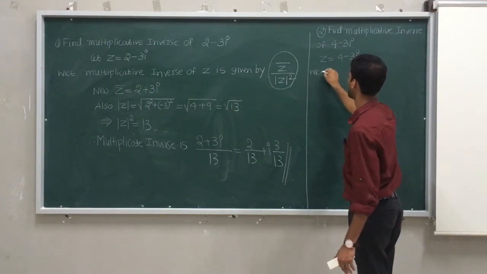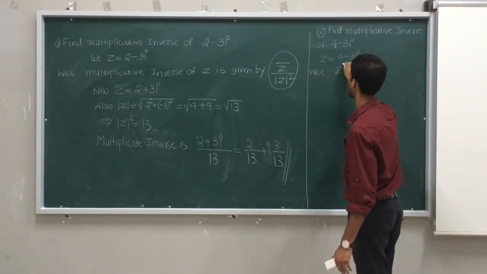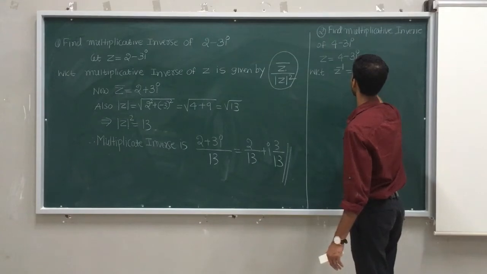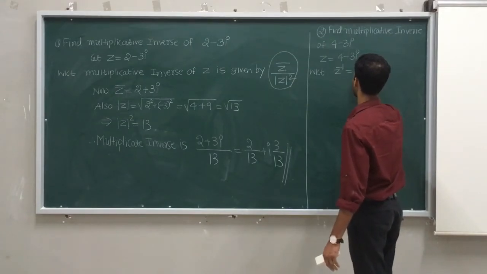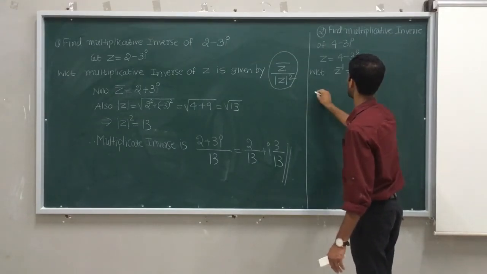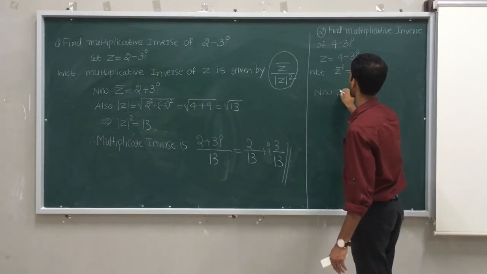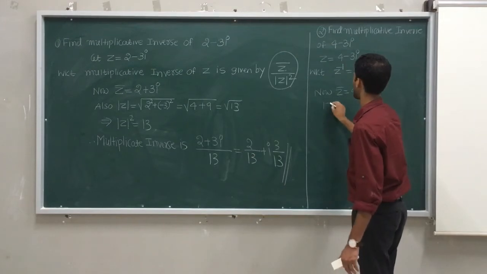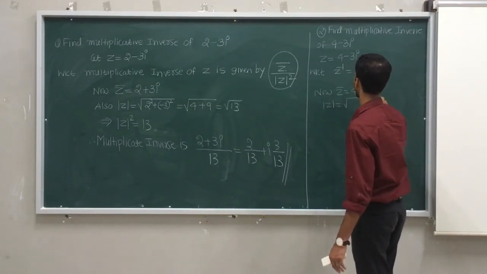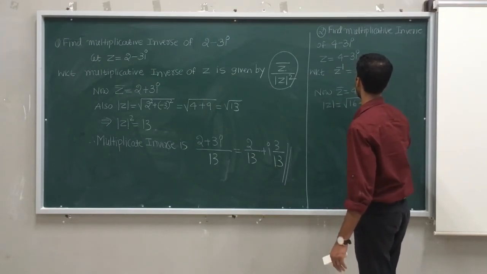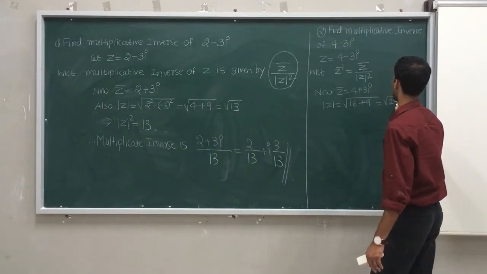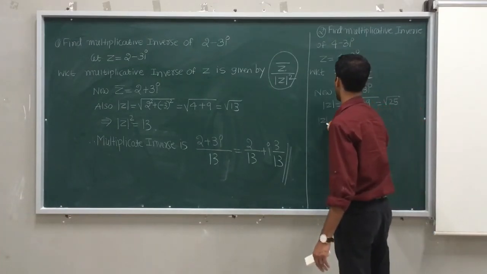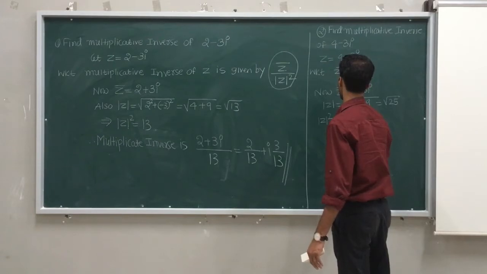We know that the multiplicative inverse formula is z inverse equal to z bar divided by mod z the whole square. Now z bar is nothing but change the sign of i, 4 plus 3i. Mod z is nothing but square root of 16 plus 9, which is 25. Now when you take the square, it becomes 25.